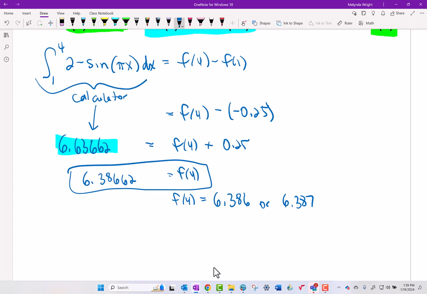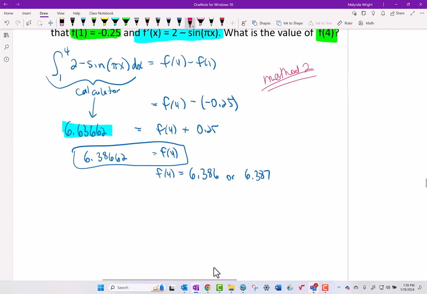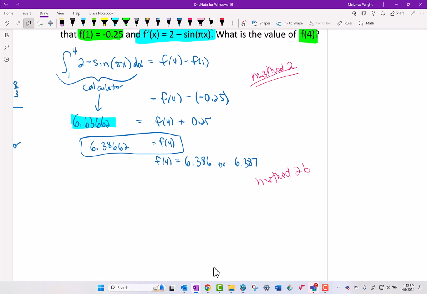Okay, so we're going to call this method 2. That's method 2 from the other one. But I have a different way to write it. We'll call it method 2B. And this is how you would usually see it on the AP test. So what would they do?